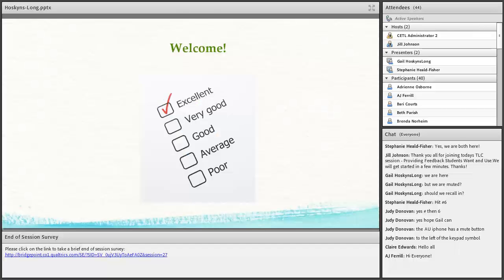Feedback on assignments is a common tool used by instructors to communicate with students. We conducted a study on the topic, and as a result of our research, we developed 7 best practices to help improve student learning. And that's what we would like to share with you today.